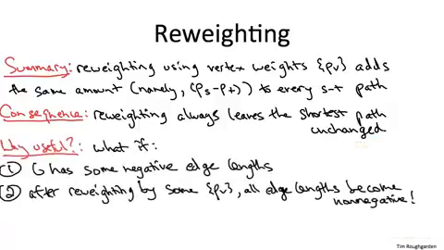So if such a transformation existed, I hope that its use would be clear. This would transform an instance of shortest paths where it seems like we're stuck with the Bellman-Ford algorithm because we start with negative edge lengths, and it transforms it into an easier one where we can apply Dijkstra's shortest path algorithm.